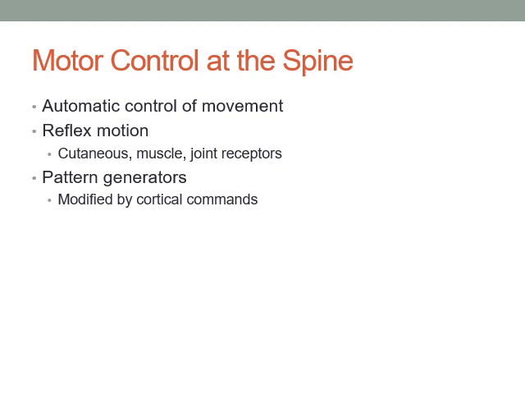For instance, pattern generators will dictate things such as walking, so complex activities like that, and that gets modified by commands up in the higher brain centers as well. That's an important contributor to our overall motor control. We do obviously have our voluntary movement, but there's also this automatic control that will happen at the spine as well.